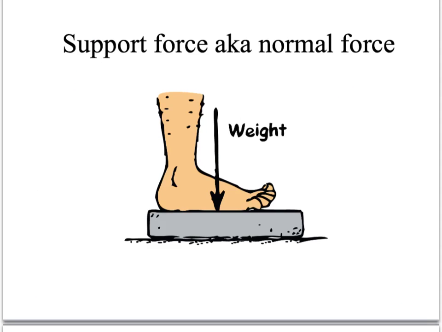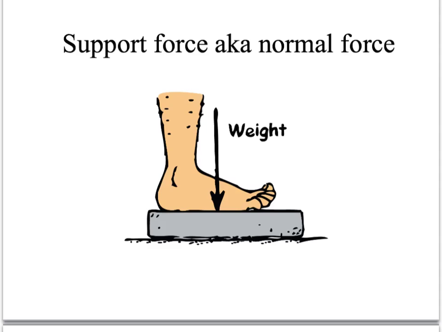All right, let's say you're standing on the ground or you're standing on a block on the ground. You are applying a force to the ground. That force is called your weight. It is a product of your mass multiplied by the gravity on the planet that you are walking on, which is more than likely Earth. Now, when you're applying your force down to the ground or an object you're standing on, all the atoms in that object are pushing back on you, with exactly the same amount of force you're pushing down on them.